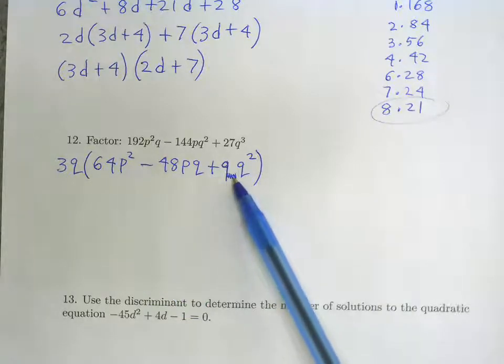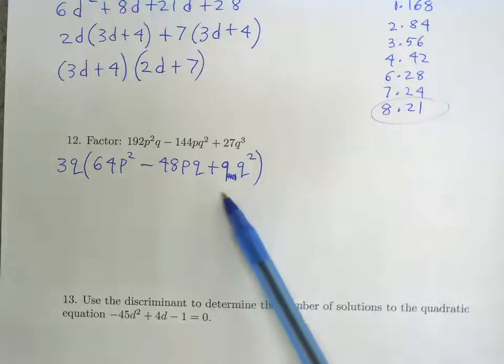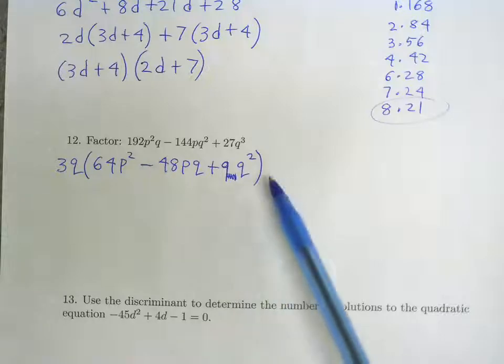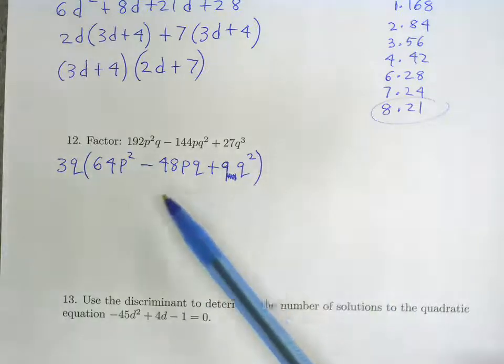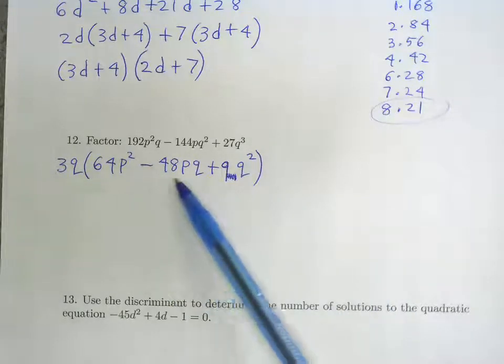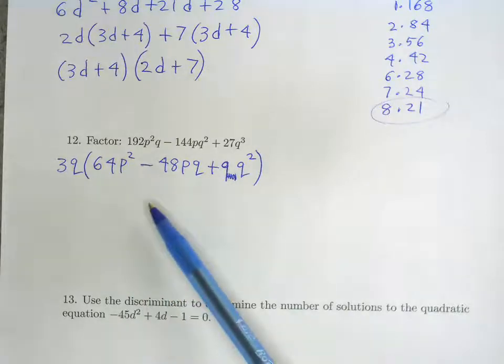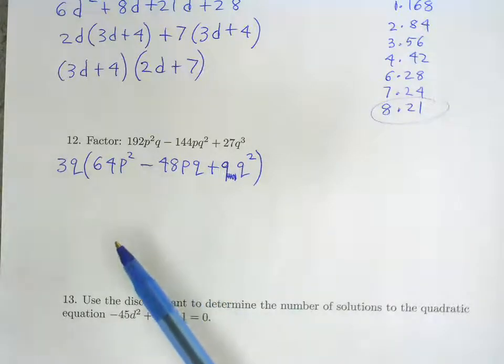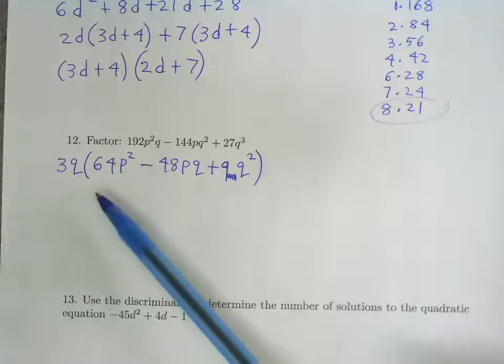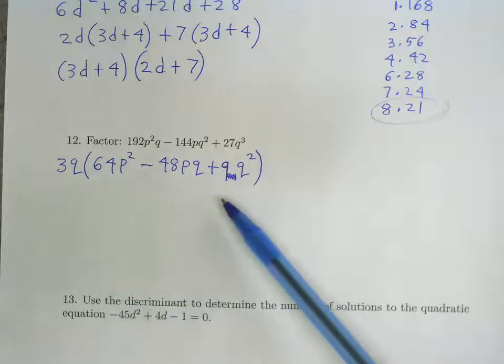And the term on the right is also a perfect square. If you square the term 3q, you get 9q to the second. And then the middle term is the same as minus 2 times 8p times 3q.